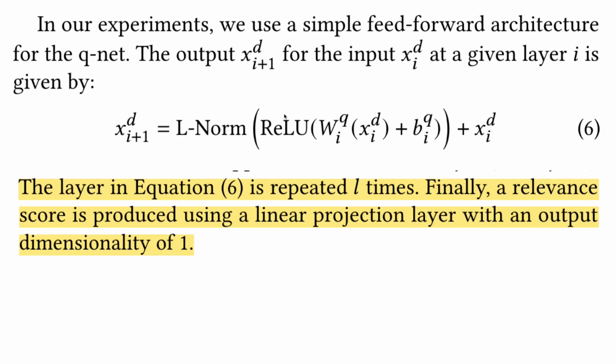We pass that through a nonlinearity, and then through a layer norm. We do a residual addition of our original, and that becomes the output of the layer, which then goes into the next layer. This layer in equation 6 is repeated L times. Finally, a relevance score is produced using a linear projection layer with an output dimensionality of 1.